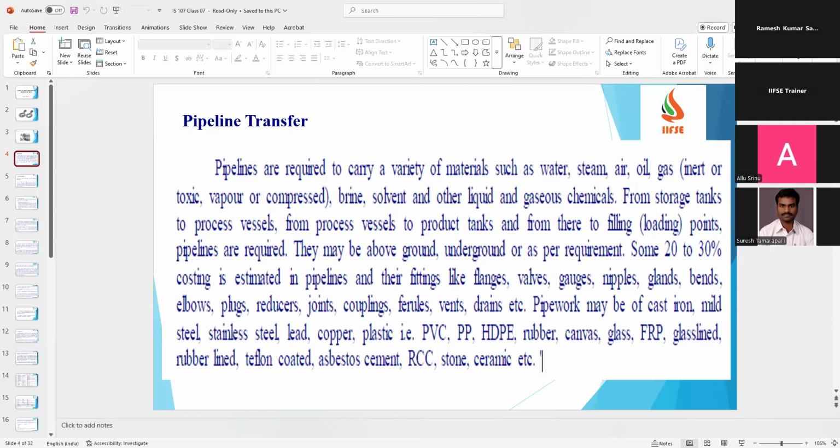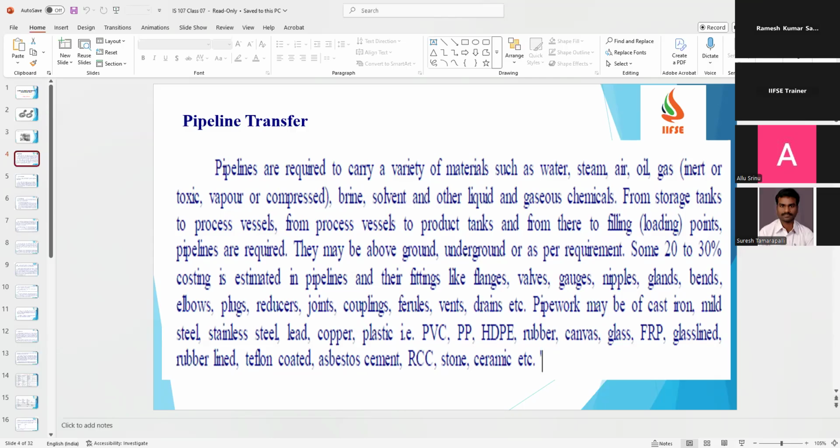So pipelines are required to carry a variety of materials such as water, steam, air, oil and gas, inert or toxic or vapor or compressed, brine, solvents or other liquids and gases, chemicals, from a storage tank to the process vessels, from the process vessel to the product tanks, and from there to the filling and loading points.